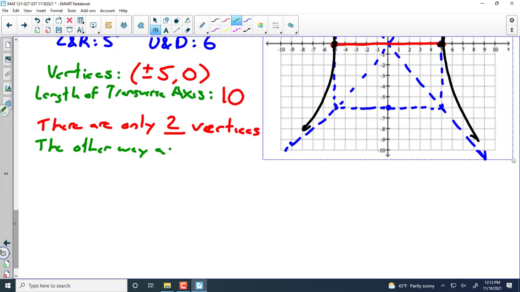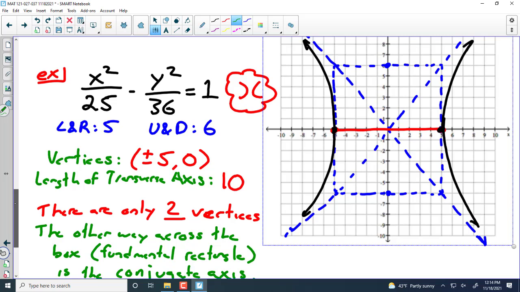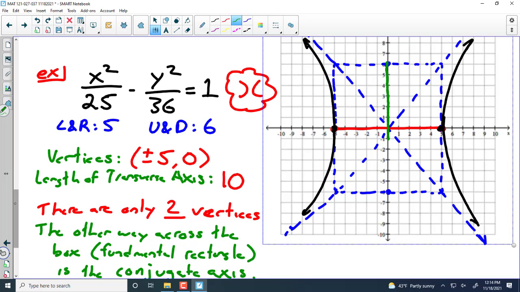The other way across the box, or the fundamental rectangle, is the conjugate axis. Not quite as important to talk about as the other one, but it does have a name. The other way across the box, or the fundamental rectangle, is called the conjugate axis.